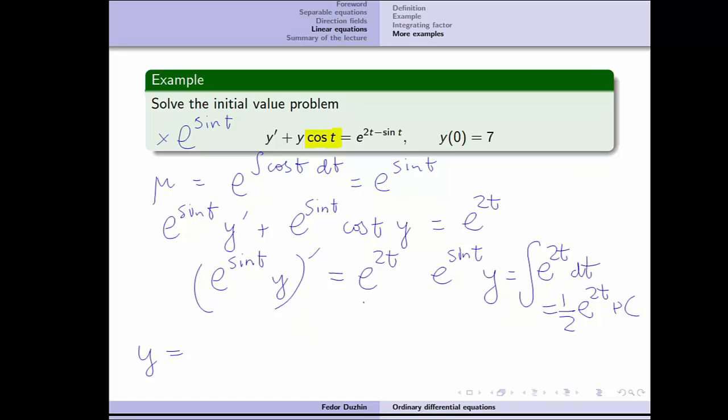Then we'll get 1/2 e to the 2t plus constant times e to the minus sine t. At this point we got the general solution of the differential equation, so we haven't started doing the initial condition yet.